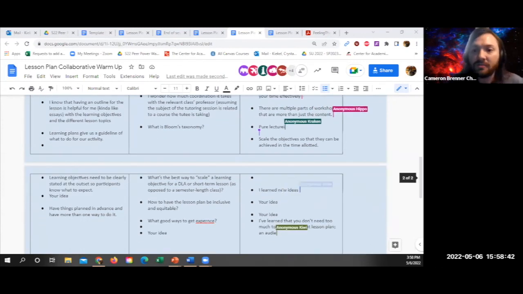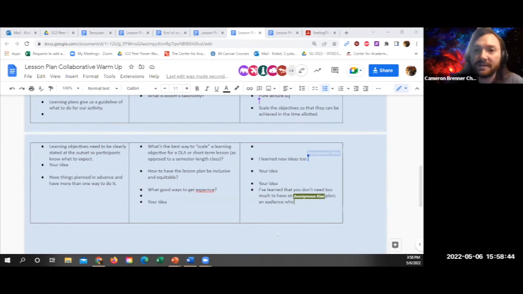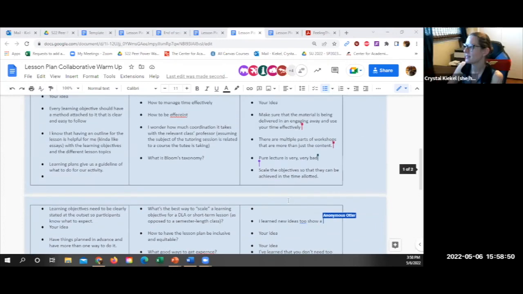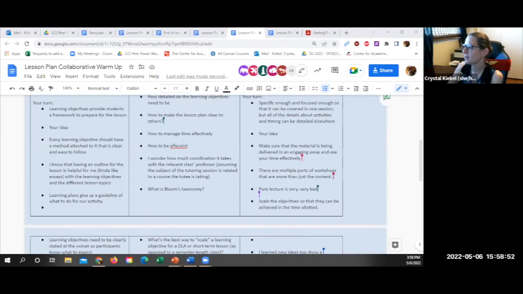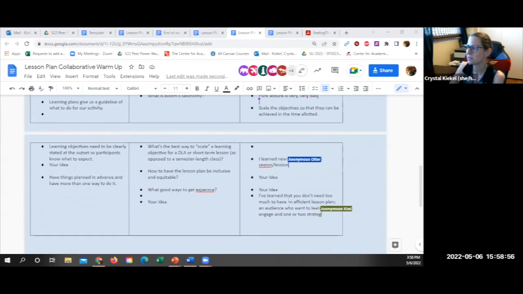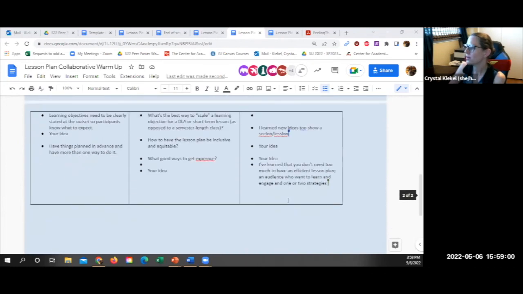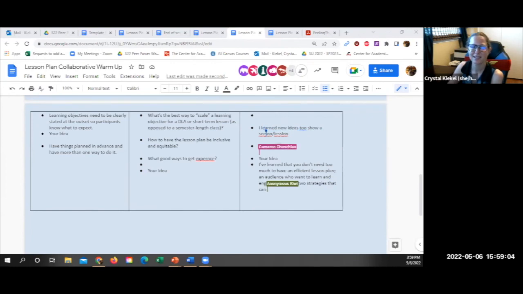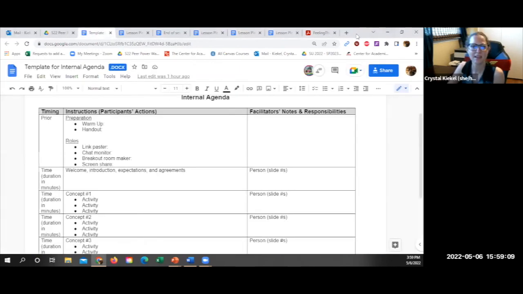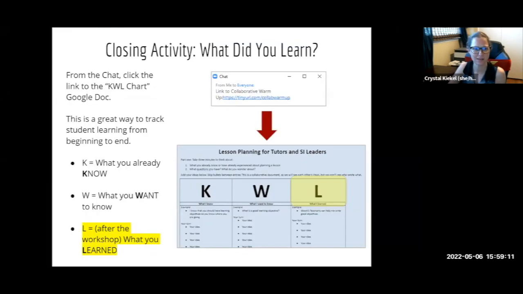Yes, these are great ideas, great things that you've learned. All right, keep them coming. I see a lot of good stuff on keeping your stuff engaging, making sure that you have multiple parts, and just 1 or 2 strategies. Don't overreach. Excellent stuff.